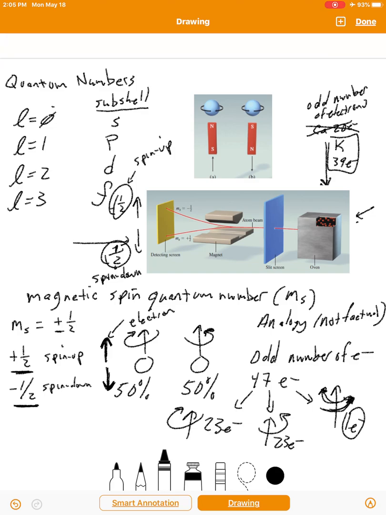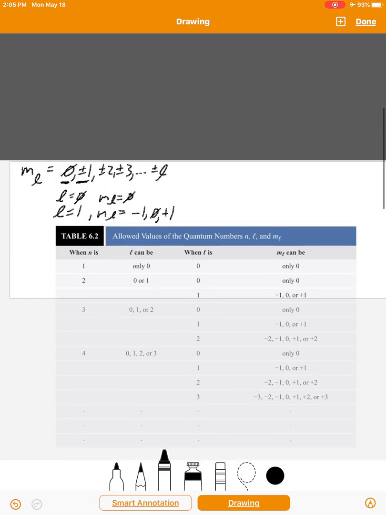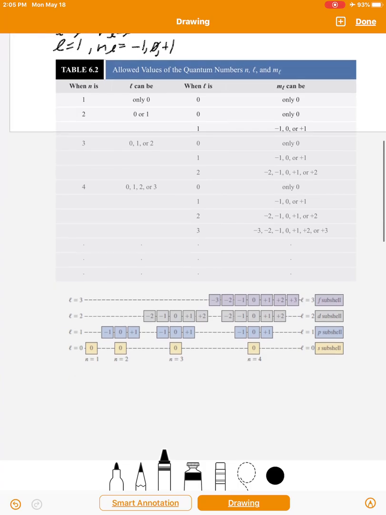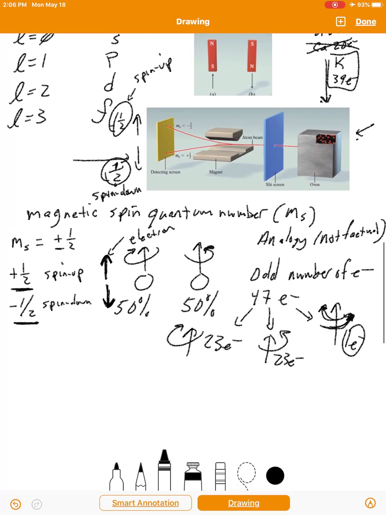Okay? So 4 quantum numbers, 3 of them are the inherent properties of where the electron is in relation to the nucleus. So that's n, l, and m sub l. The 4th one is an inherent property of the electron itself, independent of what orbital it's in.